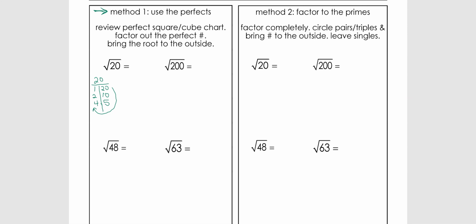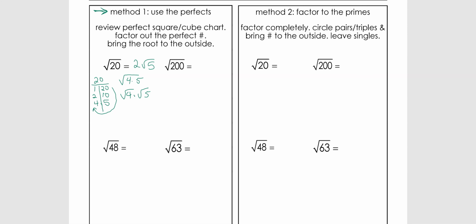Start at the top and work your way down. 4 is. So the square root of 20 is the same thing as the square root of 4 times 5. You can break it down into the square root of 4 times the square root of 5. And the square root of 4 is 2. Square root of 5 cannot be simplified, and so the answer is 2 square root of 5.